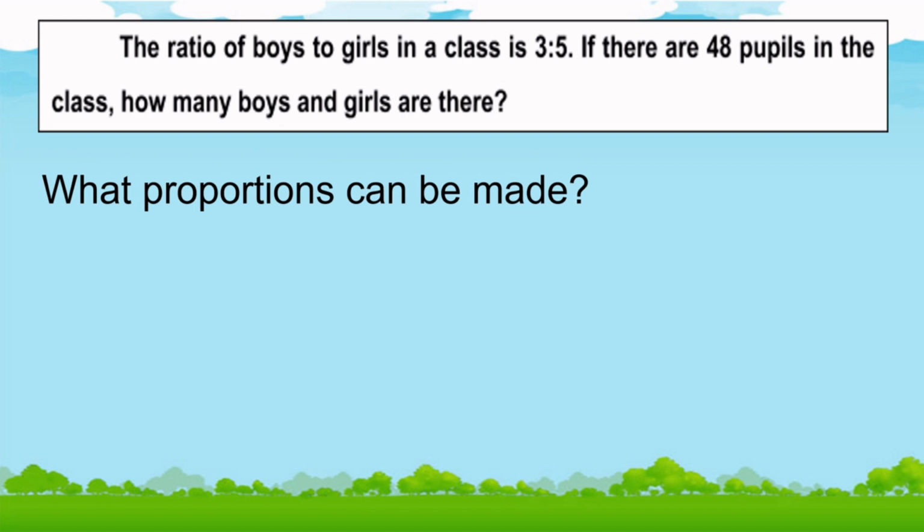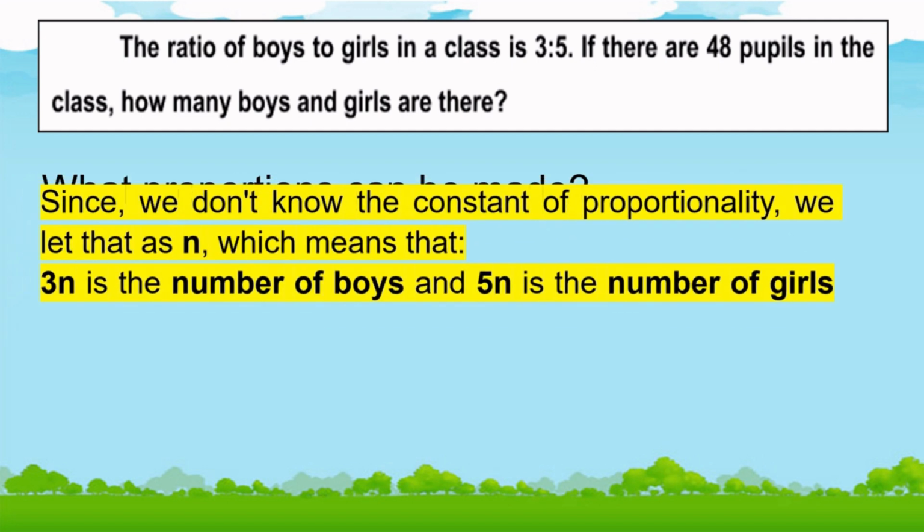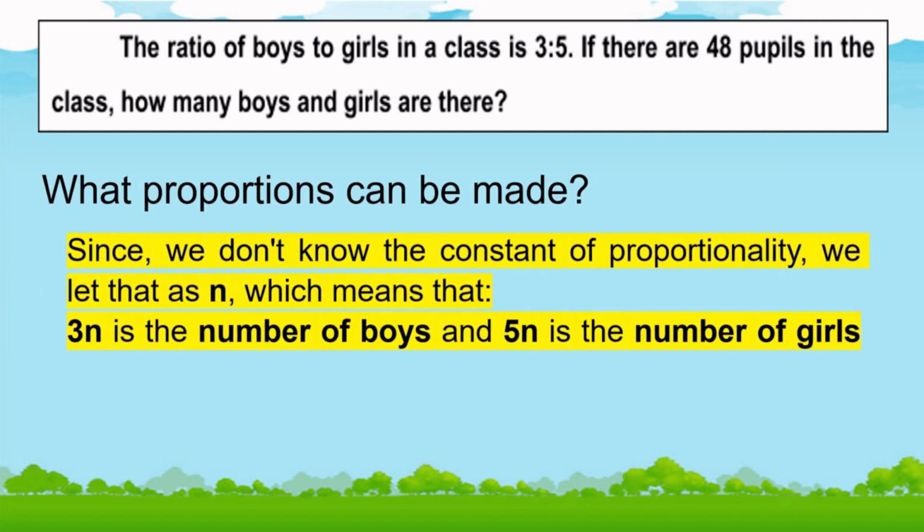So what proportions can be made? Okay, since we don't know the constant of proportionality, we let that be n, which means that 3n is the number of boys and 5n is the number of girls. Now we will put it in the table so that we will get the value of n. So we have boys plus girls is equal to pupils.